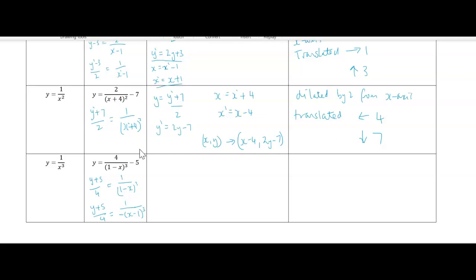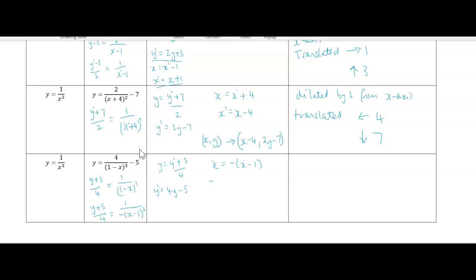All right, so I'm going to leave it with the x, just as an example of leaving it with the x. Okay, so y is equal to y dash plus 5. So y dash is equal to 4 times y minus 5. And then our x is negative x dash minus 1.